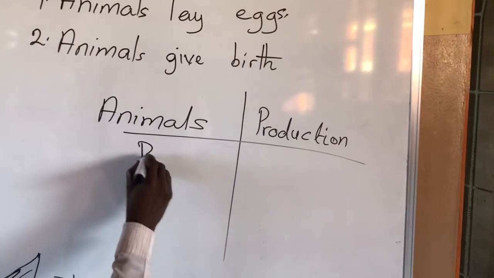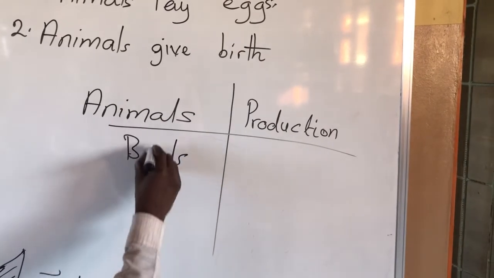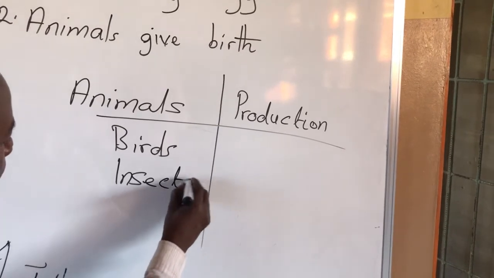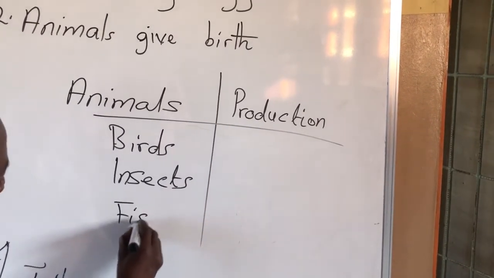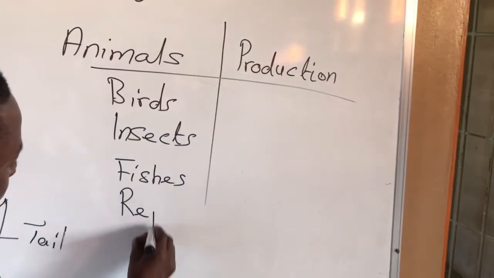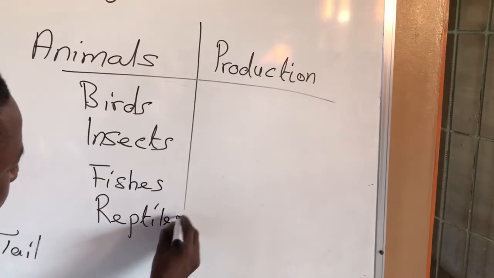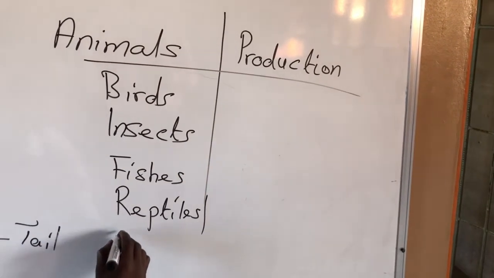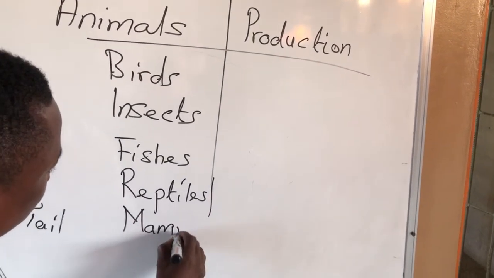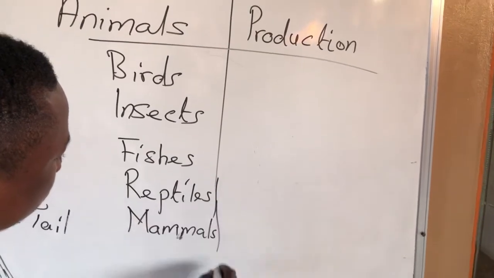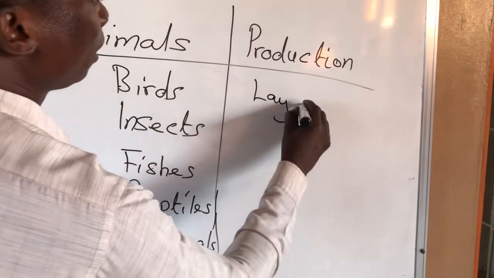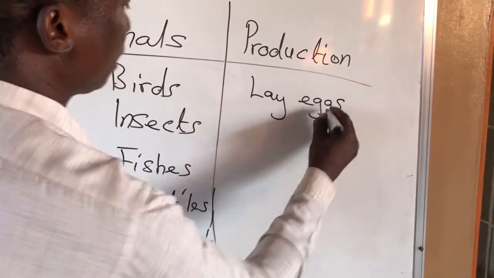We have birds, insects, fishes, reptiles, mammals. Birds lay eggs.